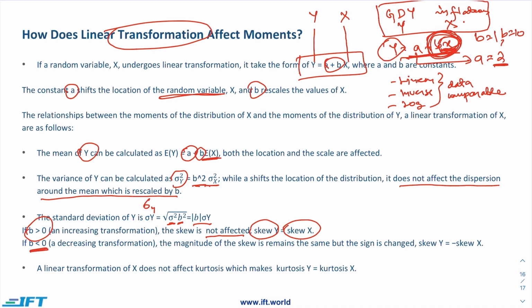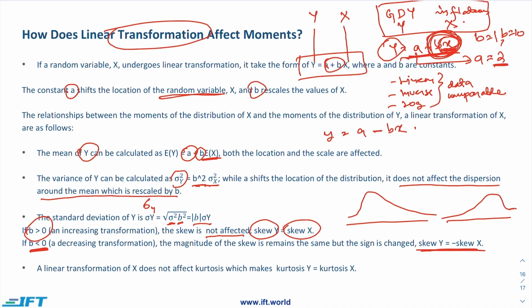But if it is decreasing, if y is equal to a minus bx, then the magnitude of the skew remains the same, but the sign would change. So skew y would become equal to negative skew x. Everything would remain the same, but the distribution would flip its sign.